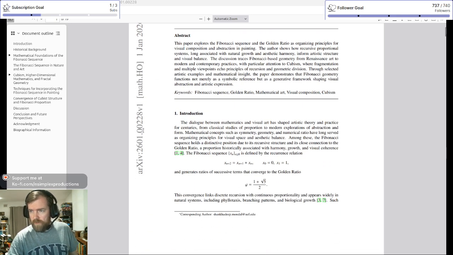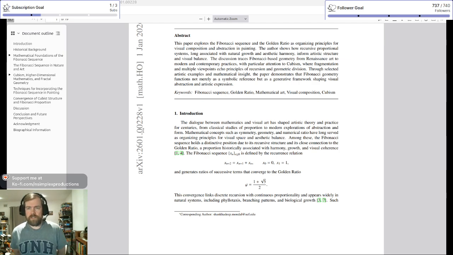The author shows how recursive proportional systems, long associated with natural growth and aesthetic harmony, inform artistic structure and visual balance. The discussion traces Fibonacci-based geometry from Renaissance art to modern and contemporary practices, with particular attention to Cubism, where fragmentation and multiple viewpoints echo principles of recursion and geometric division.